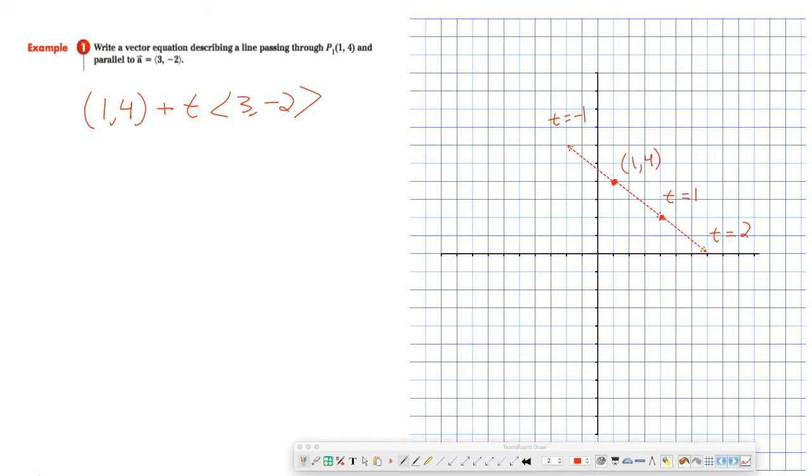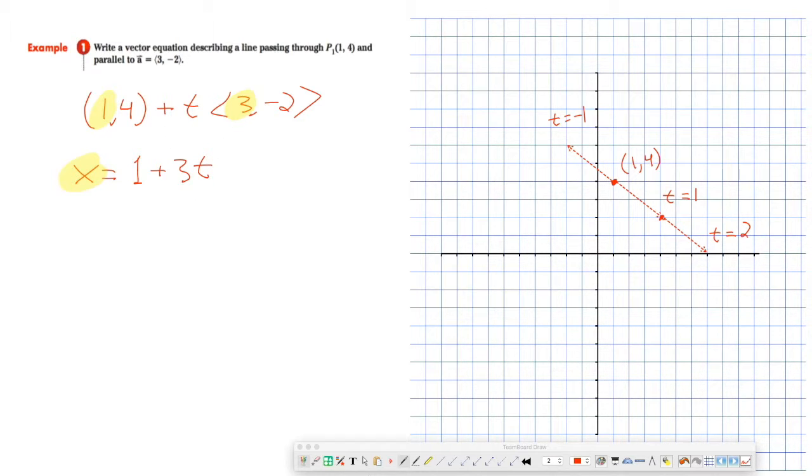And if you want to make these parametric equations, x would equal, well, x is the horizontal parts. These are the horizontal parts, right? So x is going to be 1 plus 3 times t.